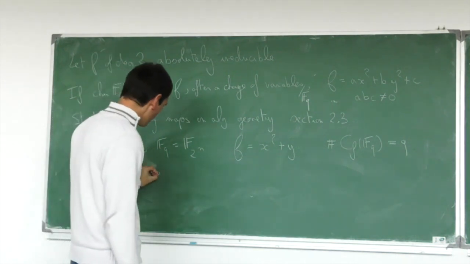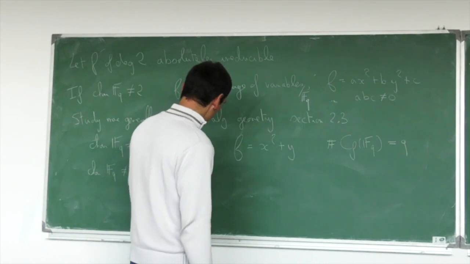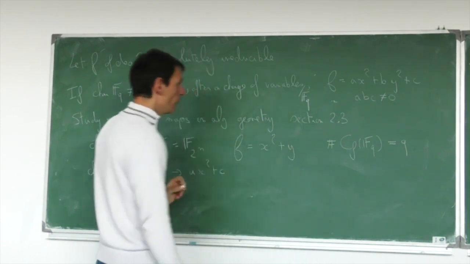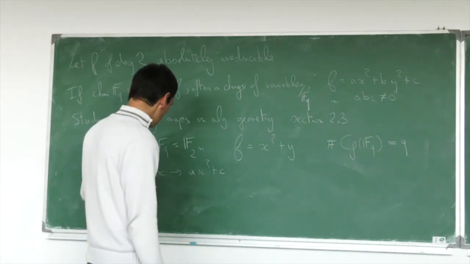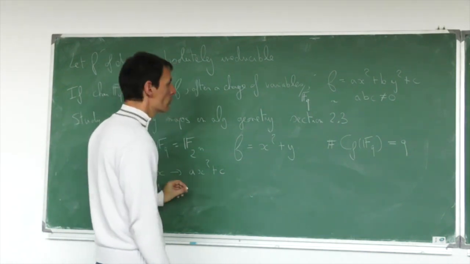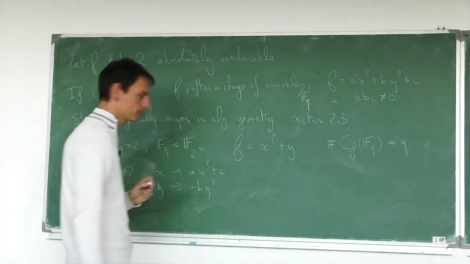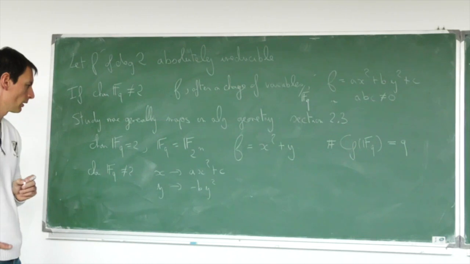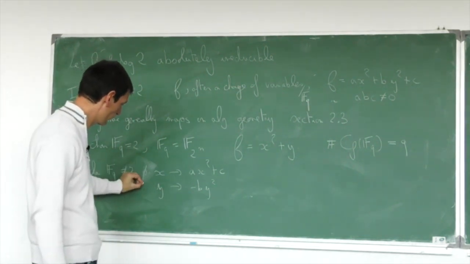You start by looking at the map x maps to ax squared plus c. And you're going to look at the map y maps to minus by squared. Okay? So let's call this one phi and this one psi.